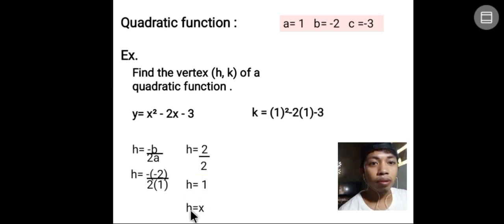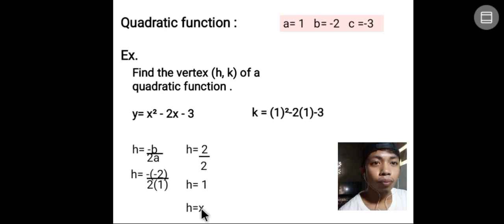Since our h is equal to x, to find the value of our k, we need to substitute the value of our h in here, the value of our x, because h is equal to x.